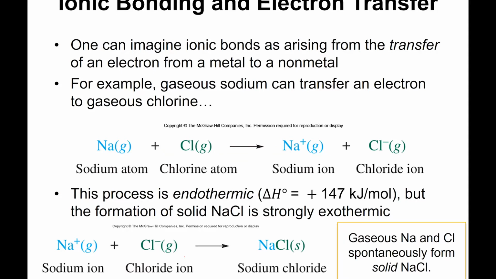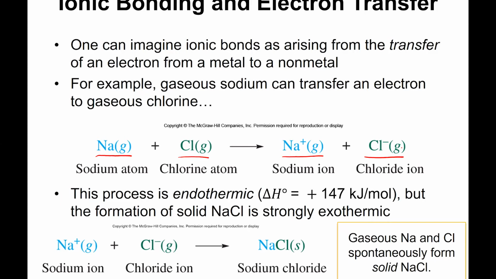It can transfer an electron to gaseous chlorine. In this case, the sodium here loses an electron, so it becomes positive, and chlorine gains an electron, so it becomes negative. The process of this happening, of the losing and gaining of an electron, is endothermic.